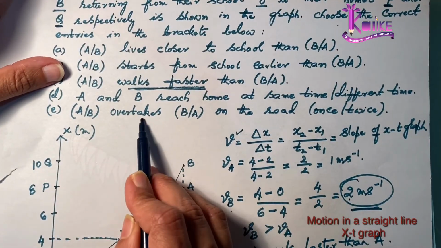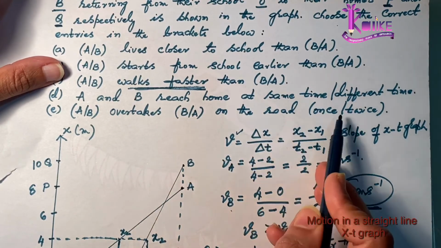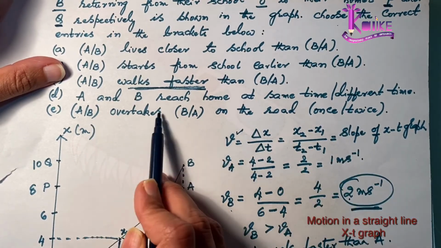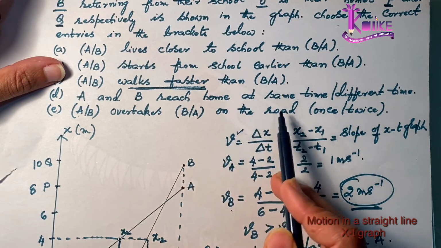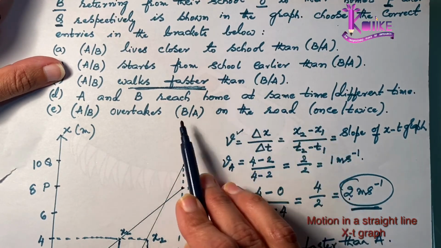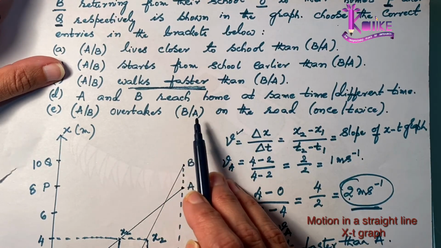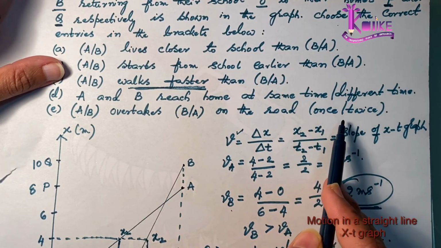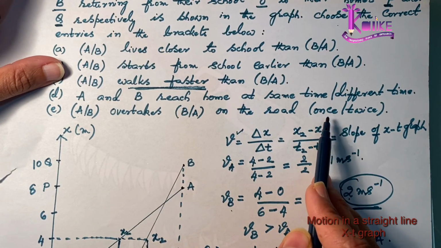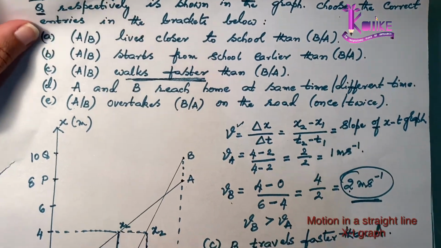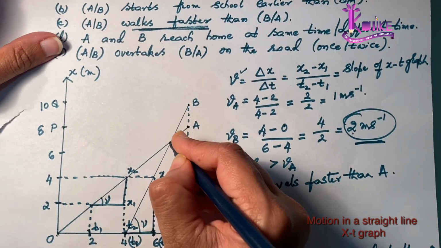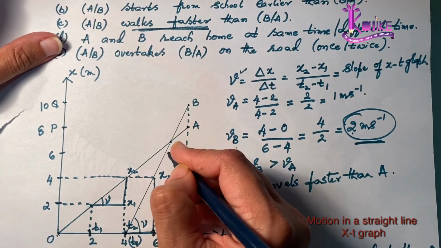A slash B overtakes B slash A on the road once or twice. So you have to first find out who overtakes whom, and when you find out who overtakes the other person, you have to tell how many times the person overtook the other person. So as you can see from the graph, they both meet at a particular instant of time, right?